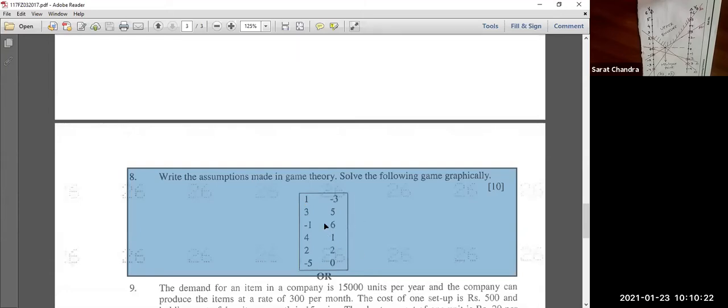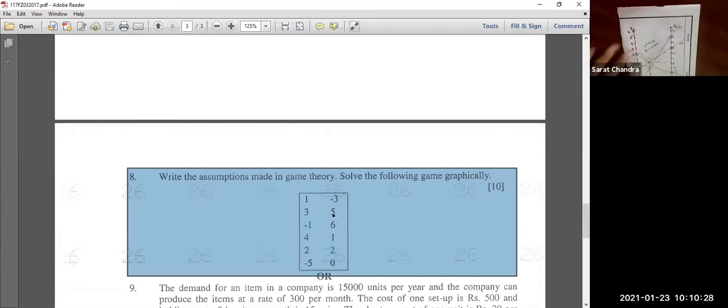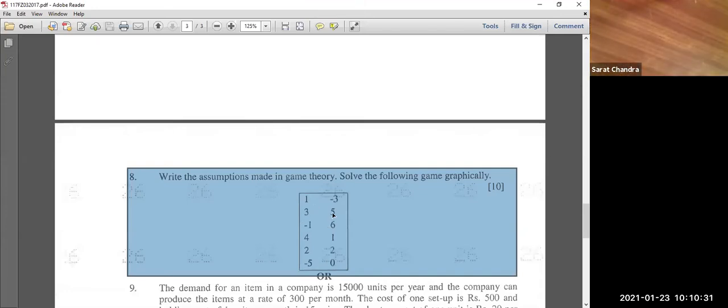Okay, so you write down this question and try to solve it out. At the same time, I will also solve this question. So let me write it down. You can see, very easily you will be able to solve this question. Very simply, very easily.